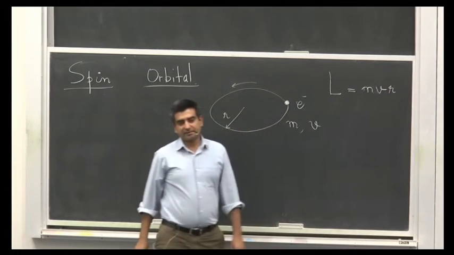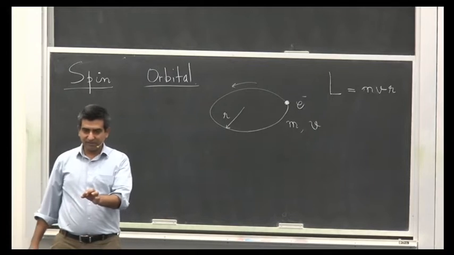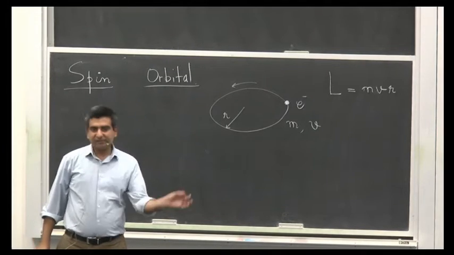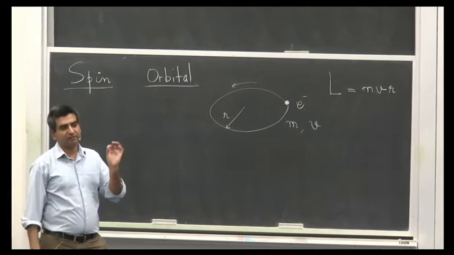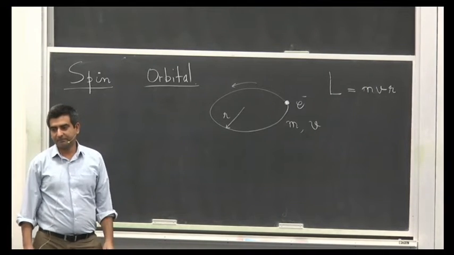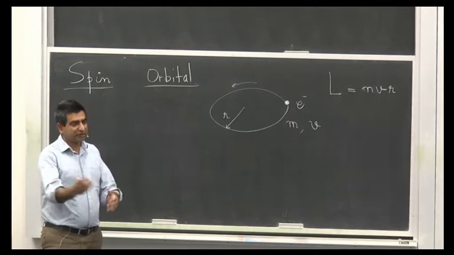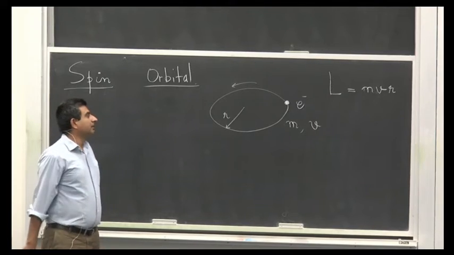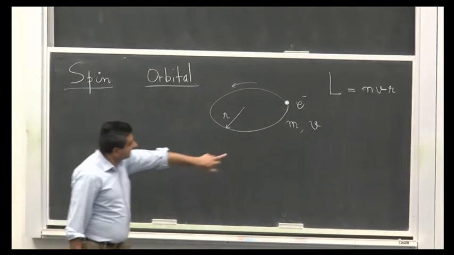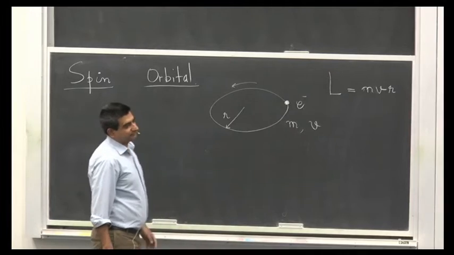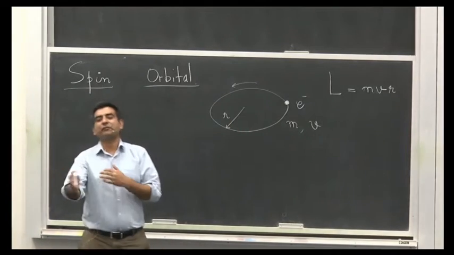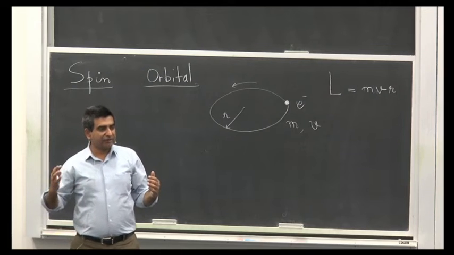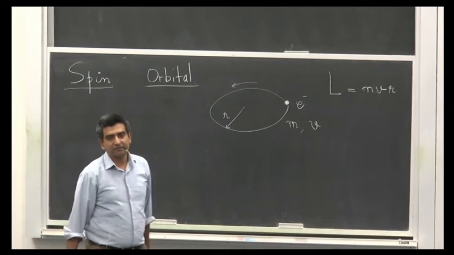There's no rocket science about it. Now there's a massive object moving with a speed v in a radius r. Constant radius, constant speed, it has an angular momentum. Which means it has some rotational energy as well. Now since this is a charged particle, and we're looking at the orbital motion of the electron. Orbital means something going around in space. The electron is orbiting in space.